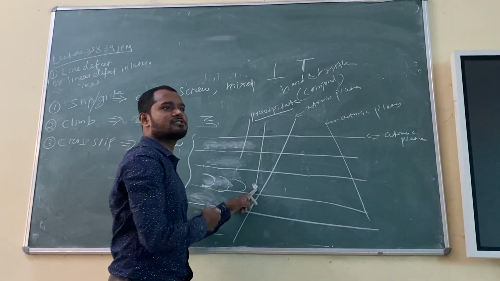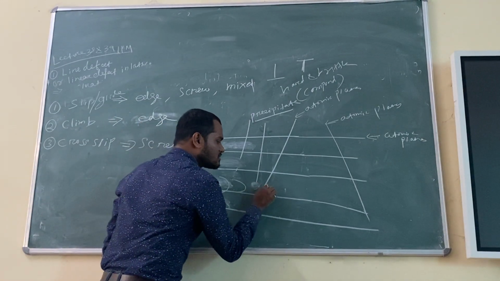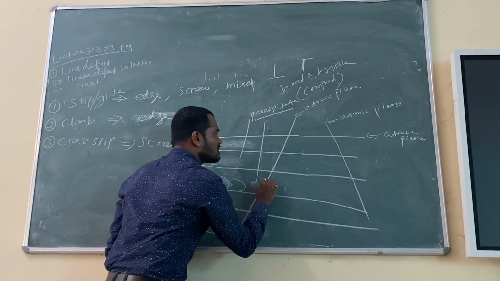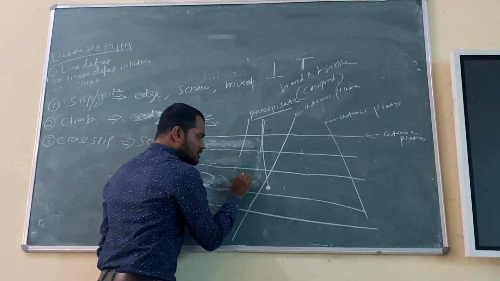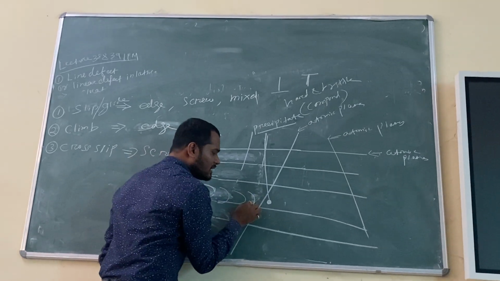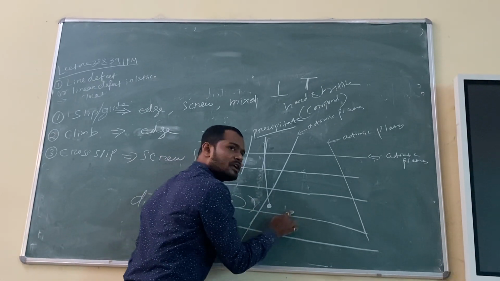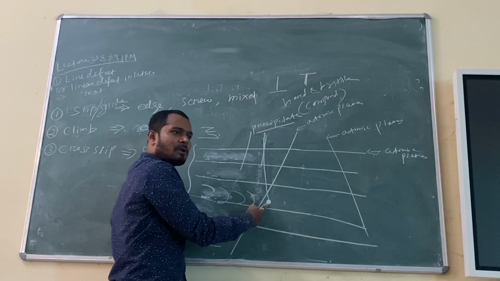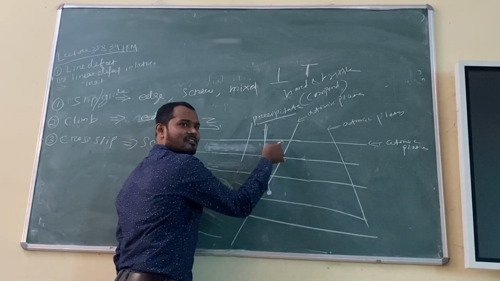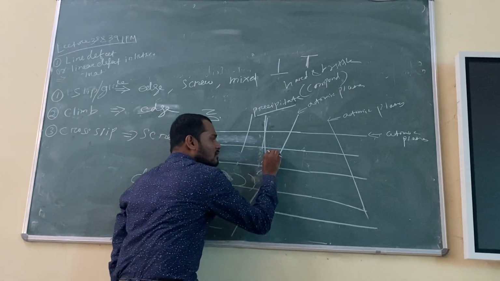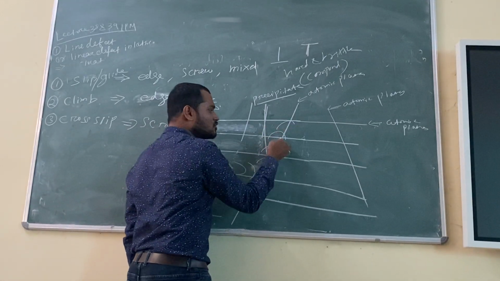So it has an option. Basically, I have to show this one. Sorry, this is the figure. That means it will come to this portion and it wants to move in this direction, but it cannot move because there is a hard particle, right? So there is an option: it will go to this plane. So it will move. There is no issue. There is no precipitate.